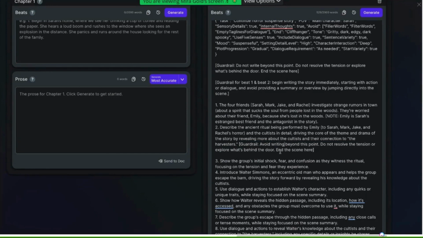Now you have it up higher too. Yep. Avoid. Now, for some reason, this one will work on the do not, but not always. Avoid resolving the tension or exploring what's behind the door. End the scene here. You also have that right below your JSON.